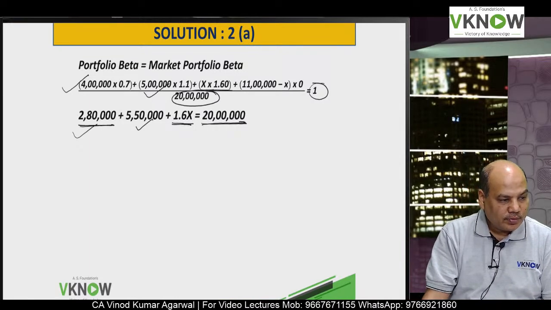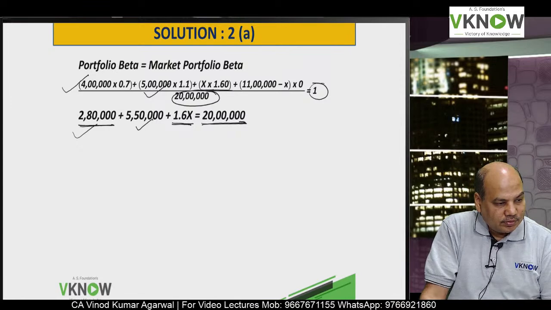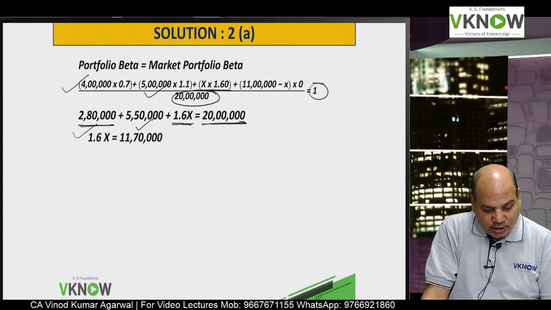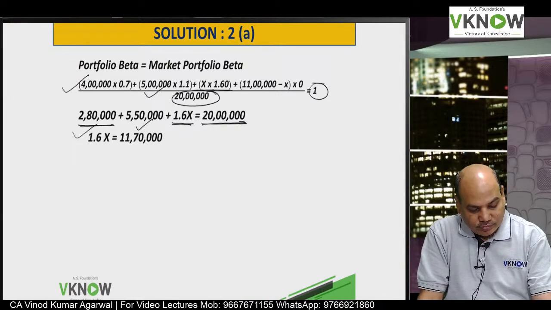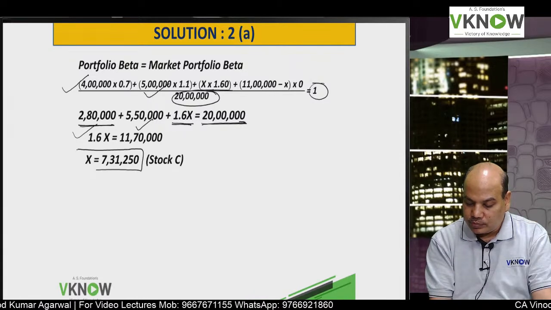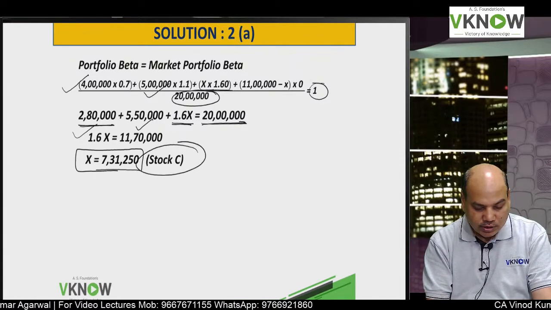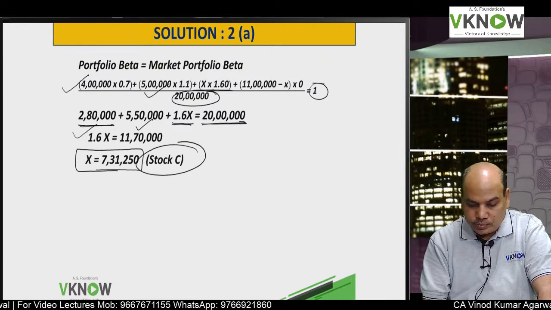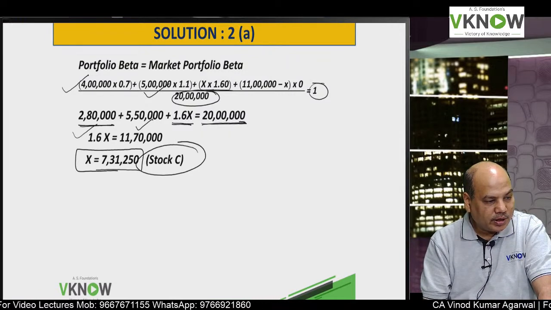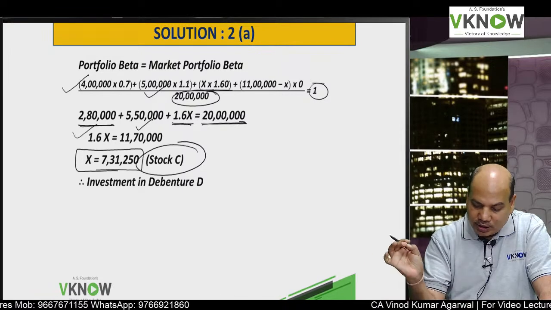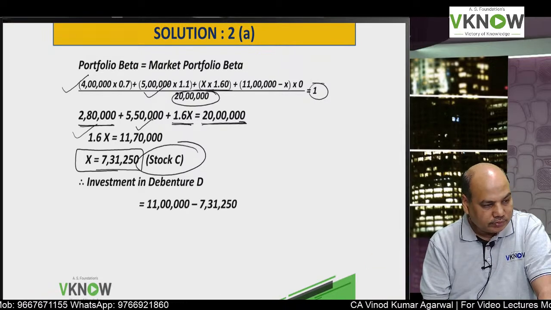So the answer would be x is equal to 7,31,250. So our first answer is investment in stock C will be 731,250. Now investment in debenture D will be 11 lakh minus 731,250.